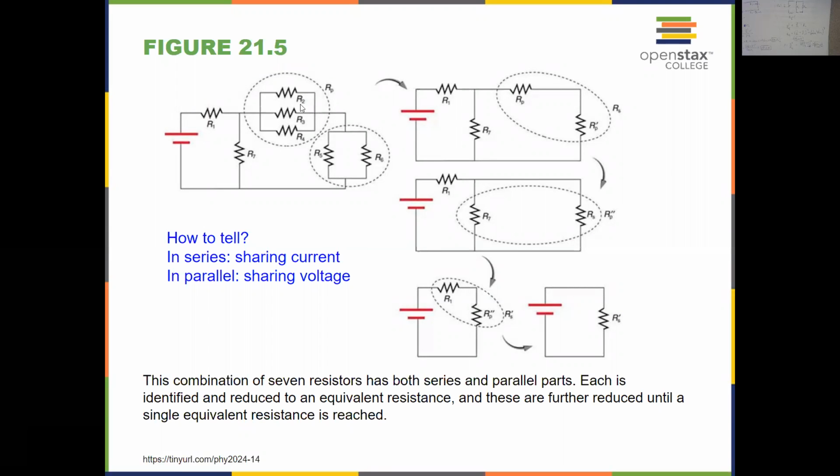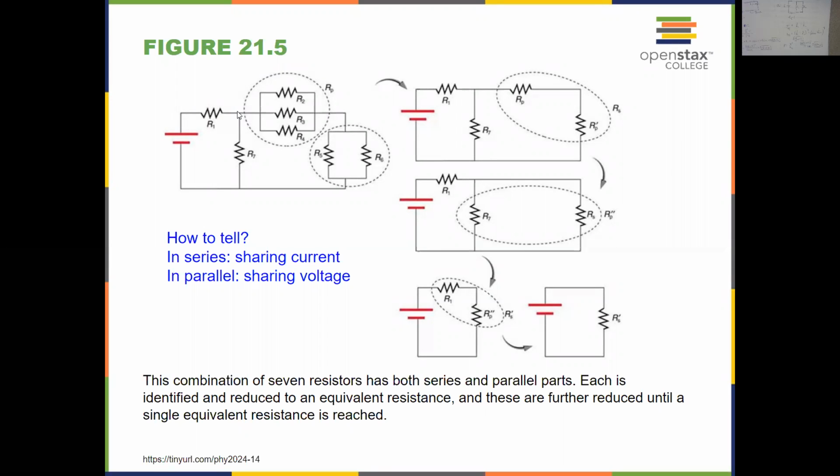Now that might be easy to tell, but what about R1 and R7, are they purely in series or not? They look like they are connected one after another. But here you can see the battery goes through R1 and then enters this point.